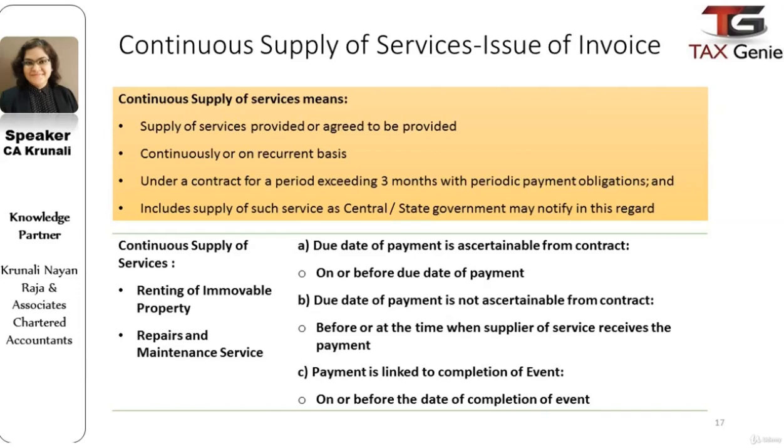However, if due date of payment is not ascertainable from contract, then the time of supply would be the time before or at the time when supplier of service receives the payment. And if the service payment is linked to the completion of the event, then the time of supply would be on or before the date of completion of the event. For instance, repairs and maintenance services.